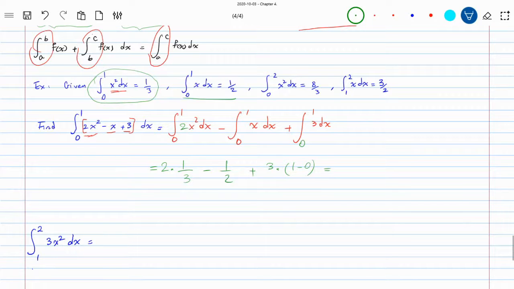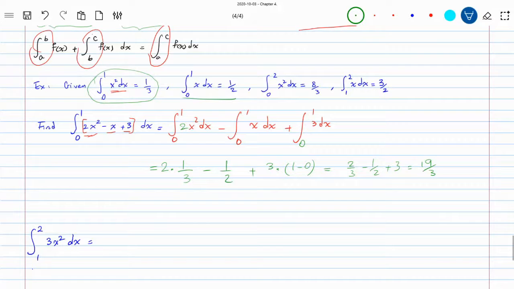Okay, so 2/3 minus 1/2 plus 3. If you add these numbers, you'll get 19/6. So this would be this definite integral from 0 to 1.